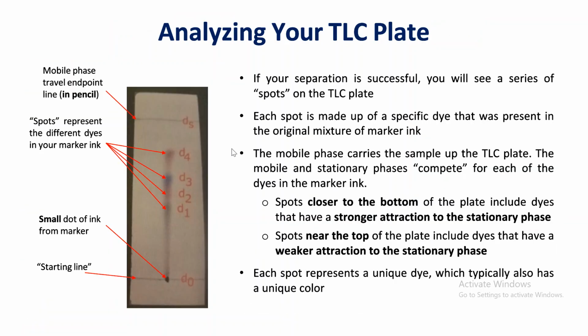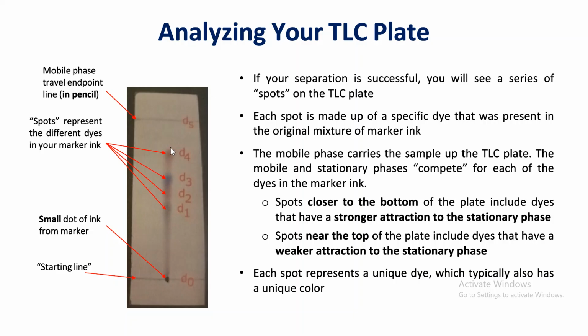So here is the result. This is what's going to happen. When the experiment is over, the liquid, let's say, is going to end at this line. So we're going to use the ruler and the pencil to mark it off. And we represent this as D5, distance 5, the last distance. Notice we are going to find several spots.